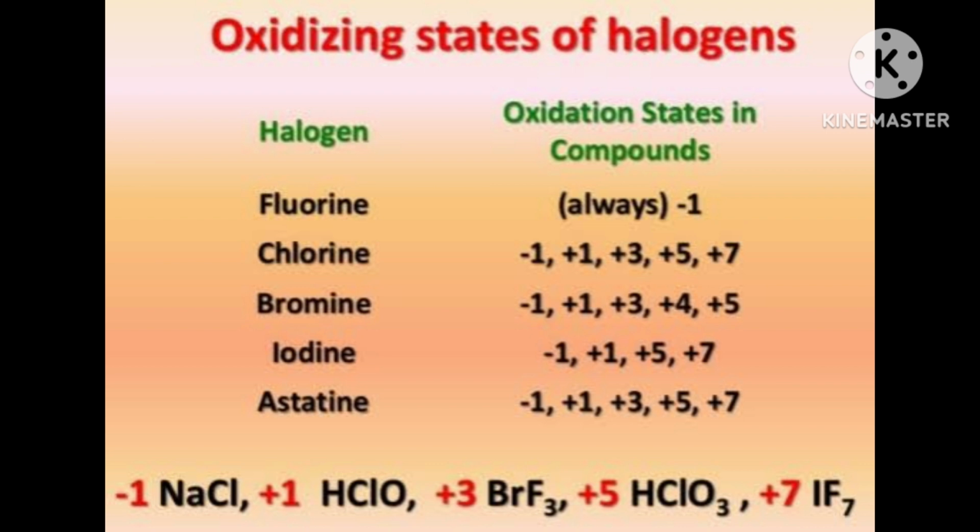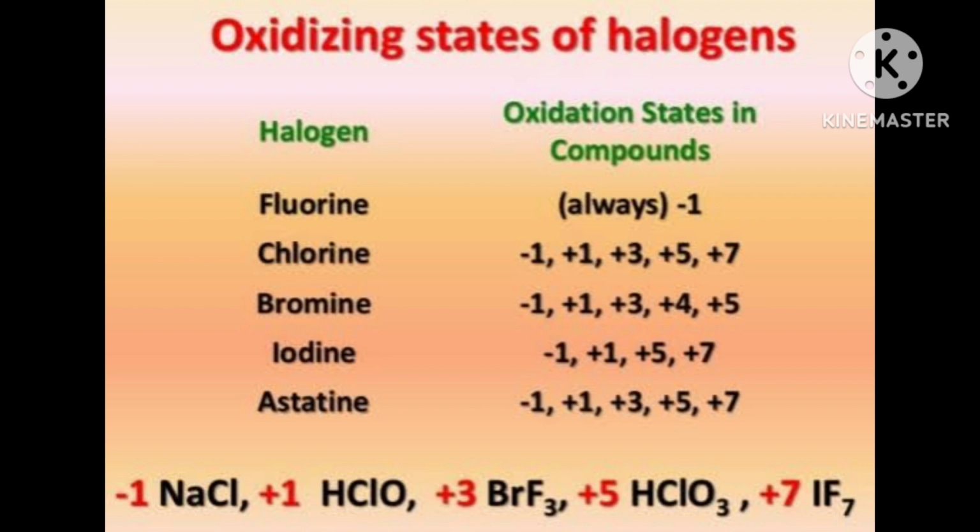This question is asked. Higher oxidation state occurs only at that time, when the halogens are in combination with the small and highly electronegative fluorine and oxygen atoms.